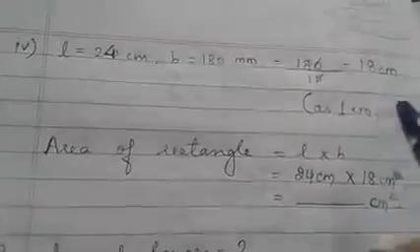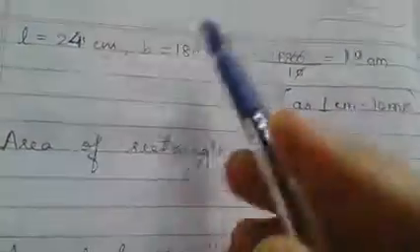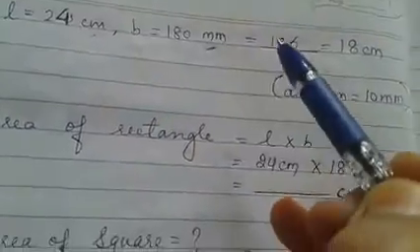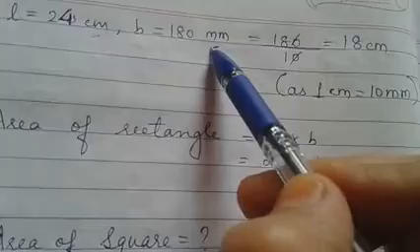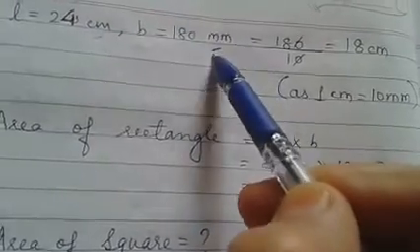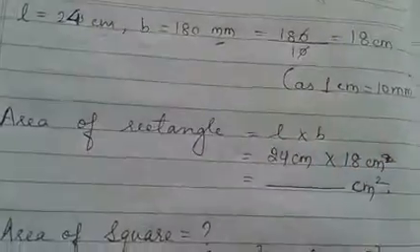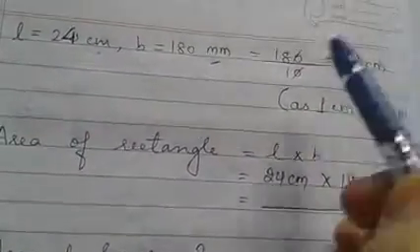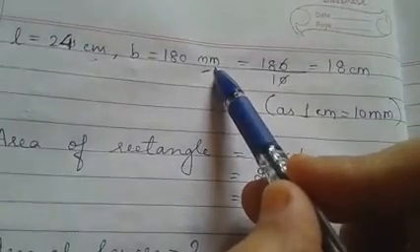Next is also the same kind. You can see the next one. Length is 24 centimeter and breadth is 180 mm. Mm means millimeter. You can see on the scale that 1 centimeter equals 10 millimeter. But this time I will convert mm into cm. For that I have to do 180 upon 10, because 1 centimeter is equal to 10 mm.